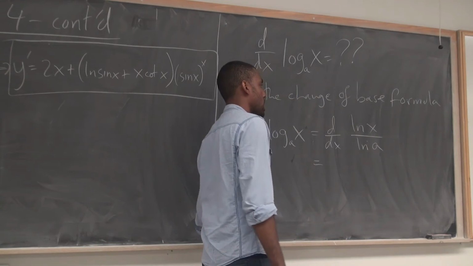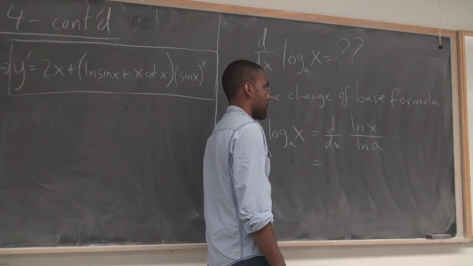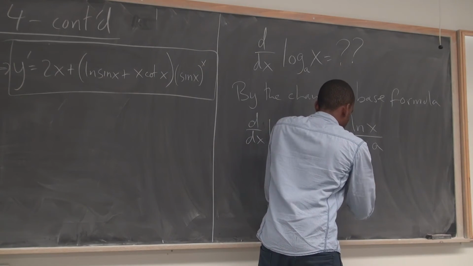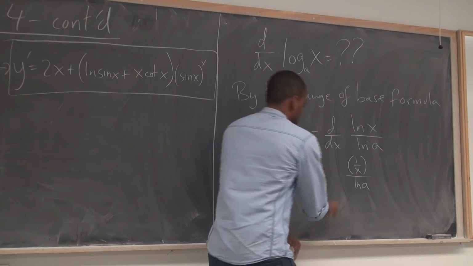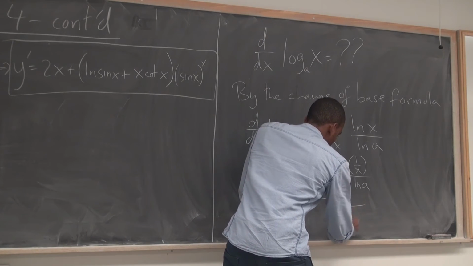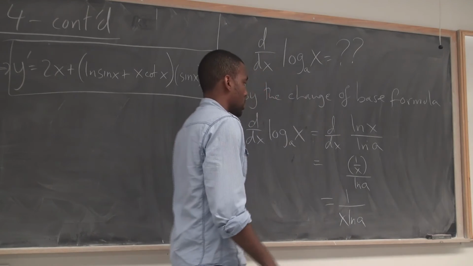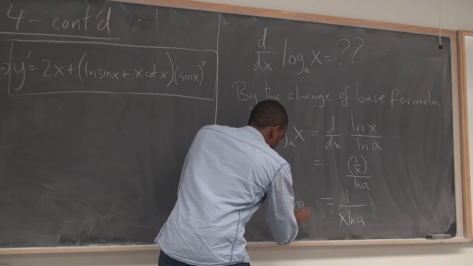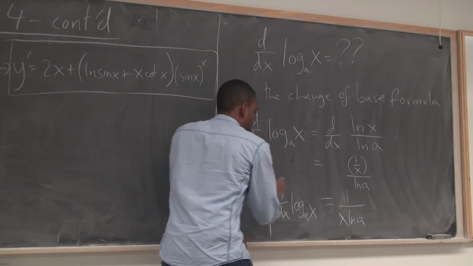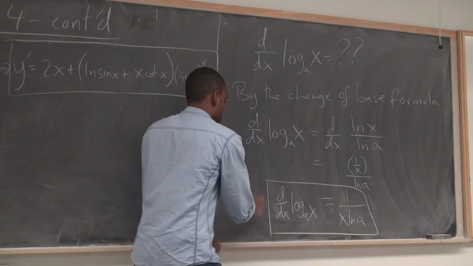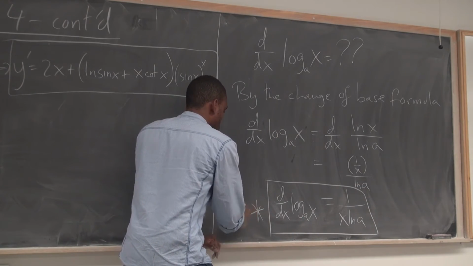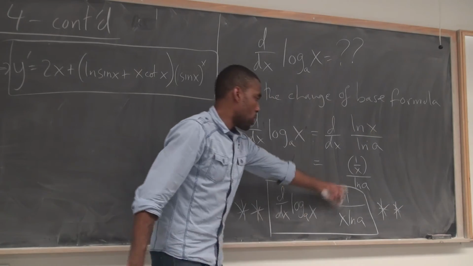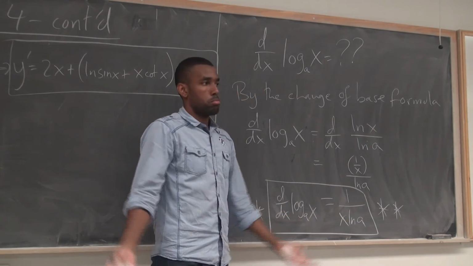And so how do I differentiate that? We differentiate ln x, which is just 1 over x, and the constant just stays. So you end up with 1 over x ln a. And that's actually the rule to differentiate a general log function, which from now on you should know. It's just 1 over x times ln of the original base.